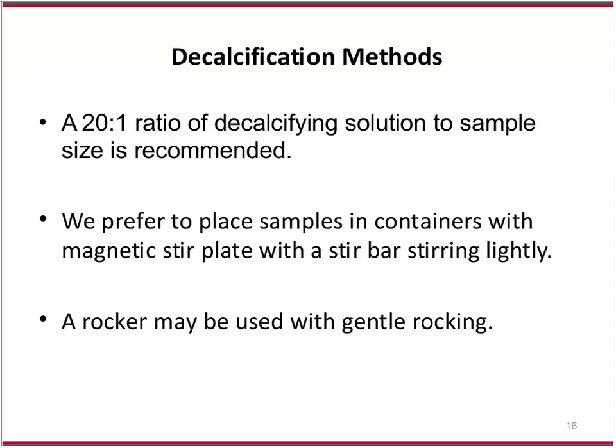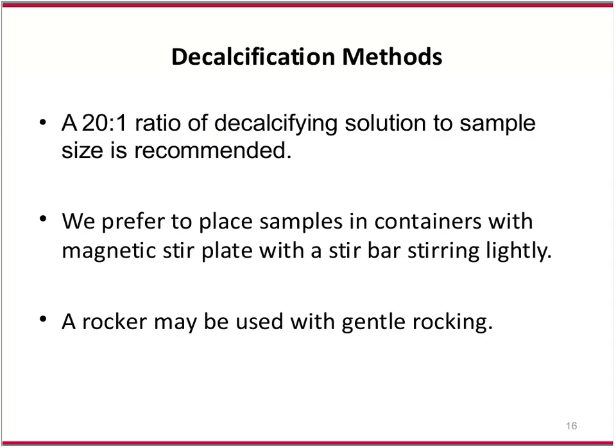When you're using a decalcifying agent or anything, whether you're fixing or decalcifying, you should have a 20 to 1 ratio of solution to your sample size in order for better infiltration.